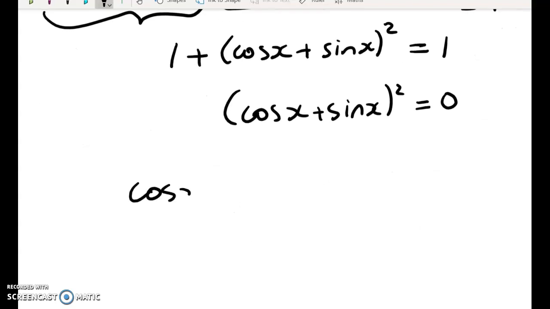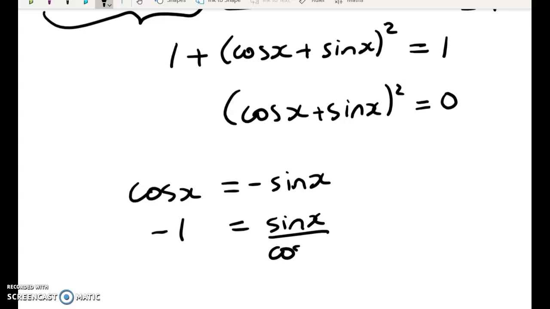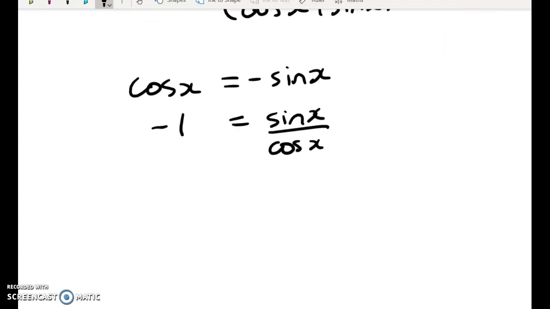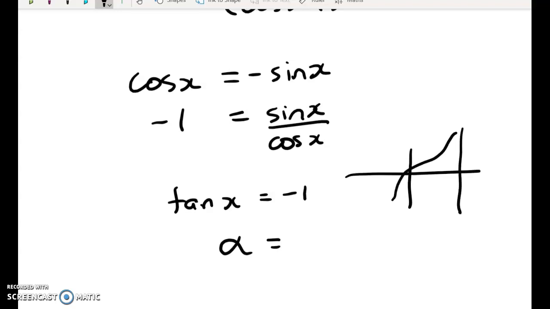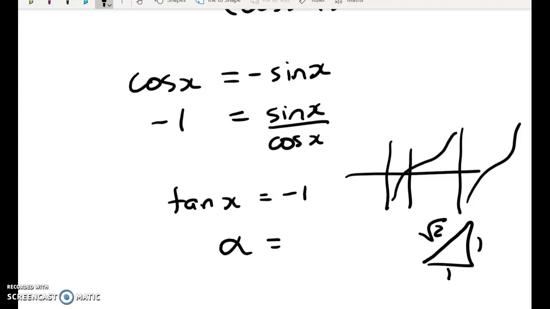Which means that cos x equals negative sine x. Negative 1 is equal to sine x over cos x. In other words, tan x is equal to negative 1. So alpha here, we know this one, or we could use our special triangle, 1, 1, root 2.